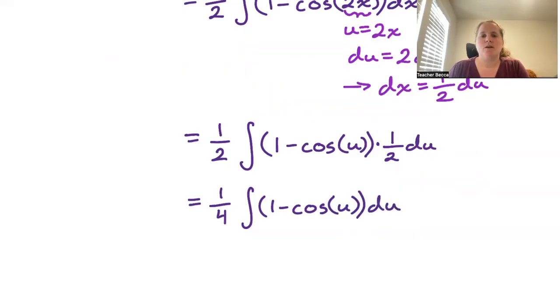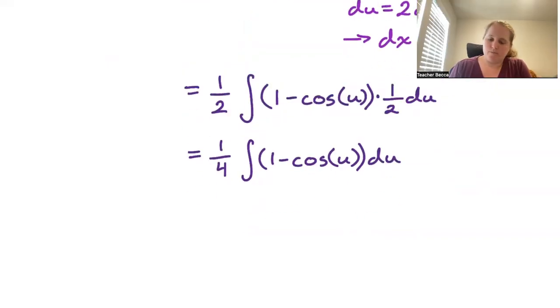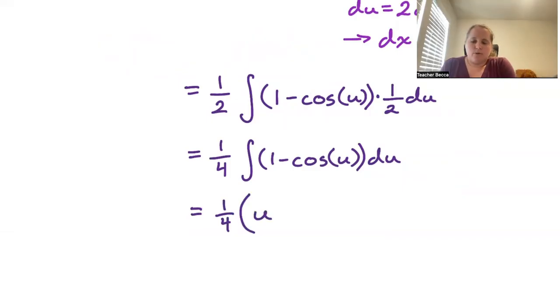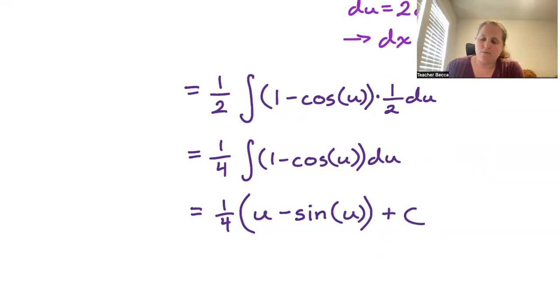Doing this integral, we have 1/4 times 1 would go to u, minus cosine of u will go to a minus sine of u. And then we have plus c.